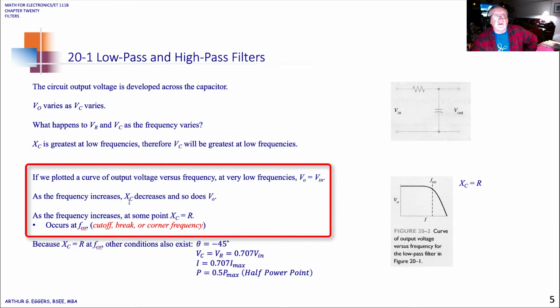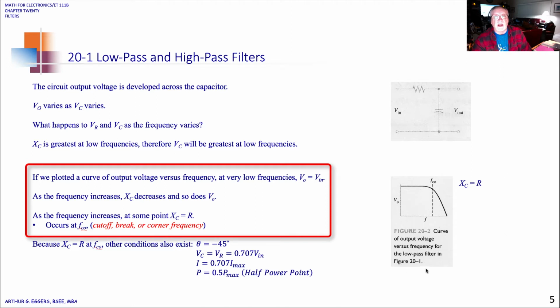As the frequency increases, the capacitive reactance, X sub C, decreases, and so does the output voltage. As the frequency increases, at some point we have the capacitive reactance equal to the resistance. And this occurs right there where that dotted line is, the cutoff frequency.